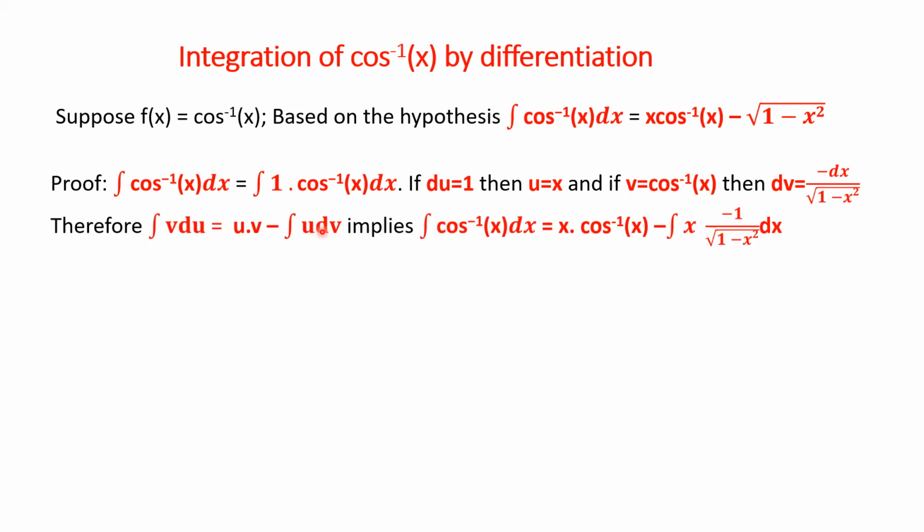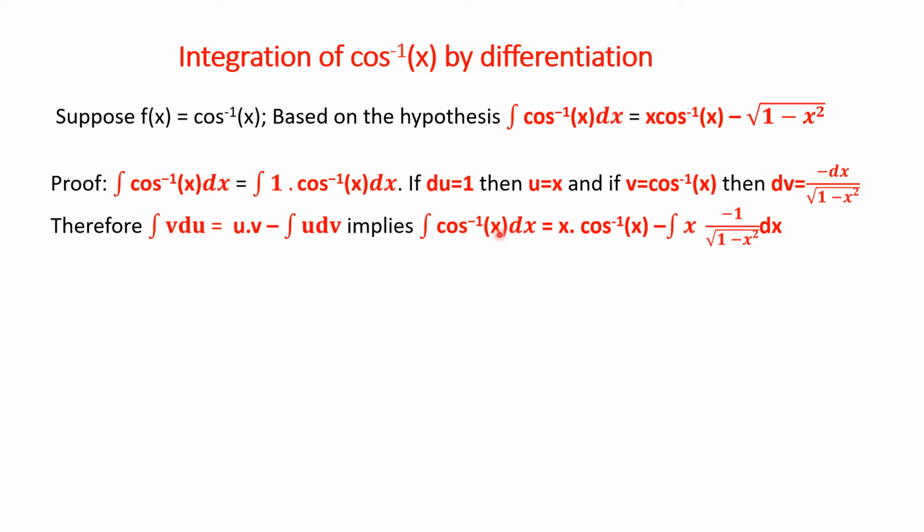Now let's get the formula for integration by parts. Integration of v du is equal to u multiplied by v minus integration of u dv. And this implies, if we just plug in, our v is cosine inverse of x, our du is 1.